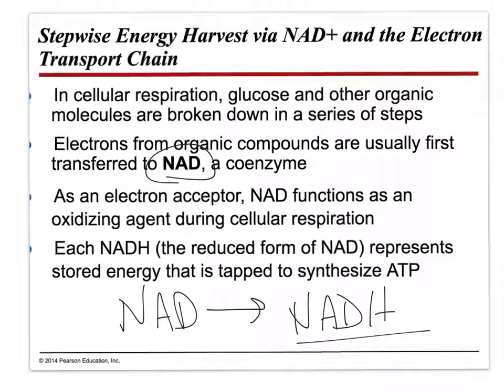It has stored energy in it in the form of an electron that will be transferred to the mitochondria and used to synthesize ATP in a very coordinated process. Okay? Questions on oxidation reduction?